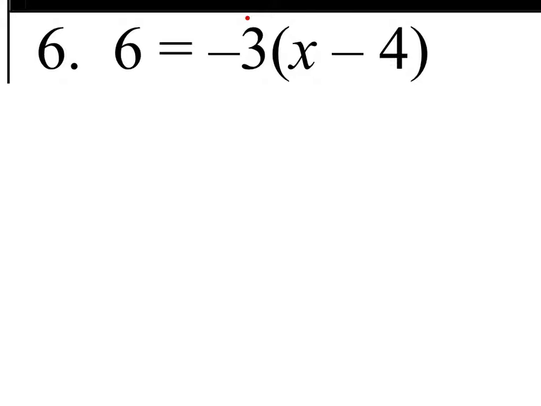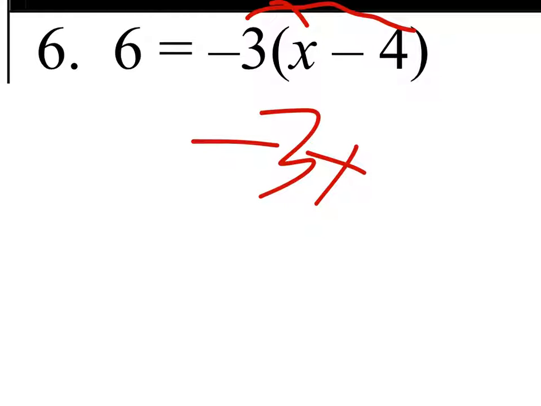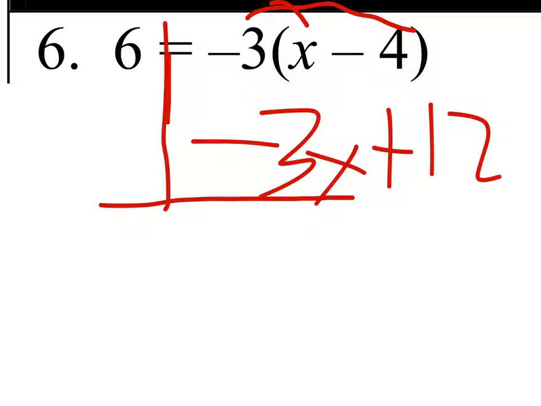So, this. And that'd be negative 3x. Give me a sec. I knew what it was. Okay. Okay. Let's see. Give me a sec.